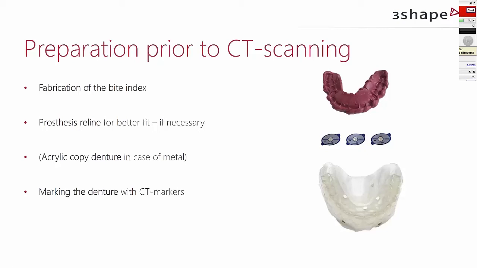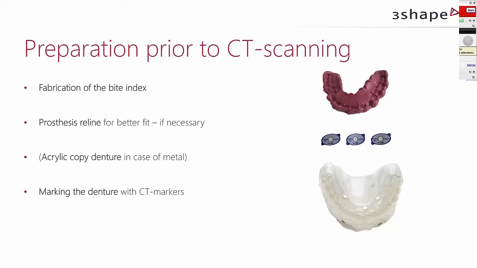Maybe a few words on how you should place the markers on the denture. Yeah, that's a good point actually. We obviously want some kind of distribution of the markers, and we also want a rule of thumb for how many markers to place. You probably shouldn't go lower than 4, and we don't want to place too many either.